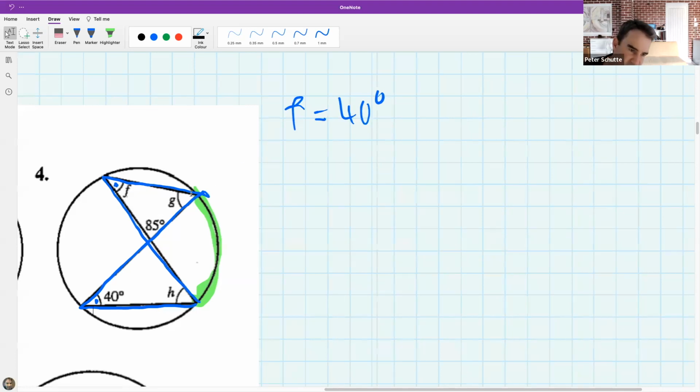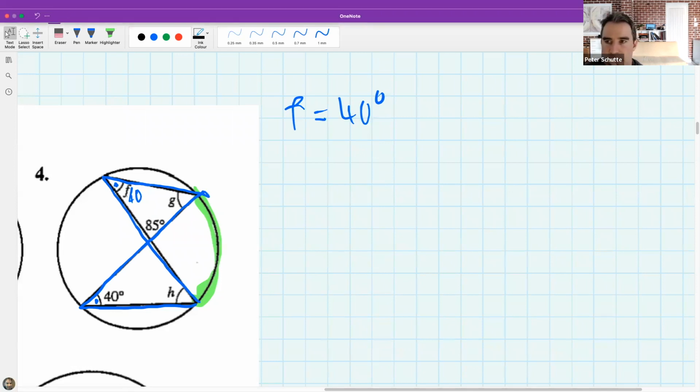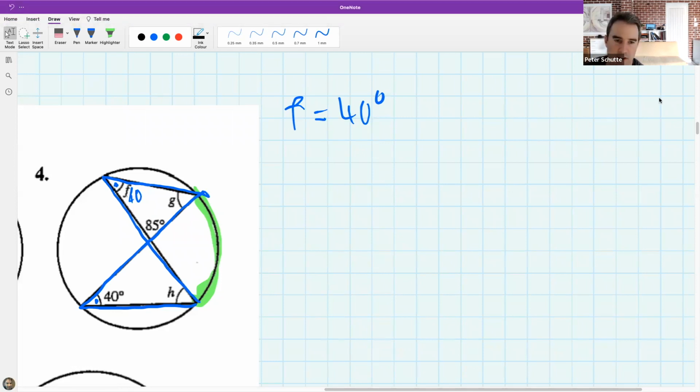Now, what about G? Let me fill in the 40 here. How do we get what G is? Luyanda, how do you get what G is? So for G, I said G equals 180 degrees minus brackets 40 plus 85, which is the interior angles of a triangle.